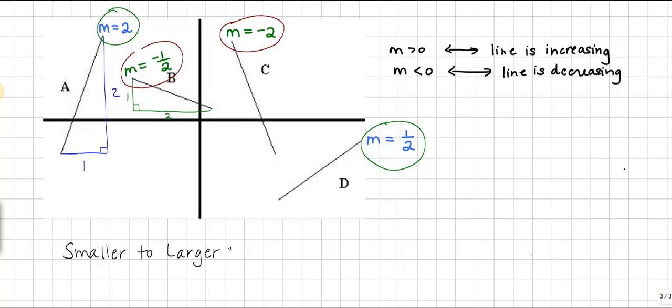Then the line with the smallest slope is the one with the most negative slope, and that's line C. The next would be line B, and then staying in numerical order, positive slopes D, and then A.